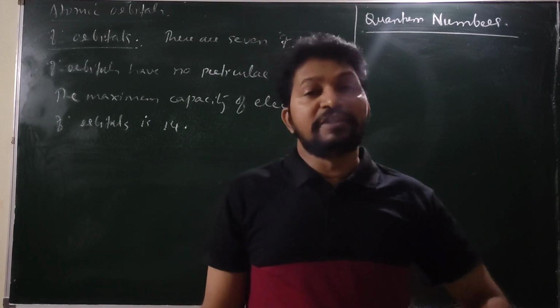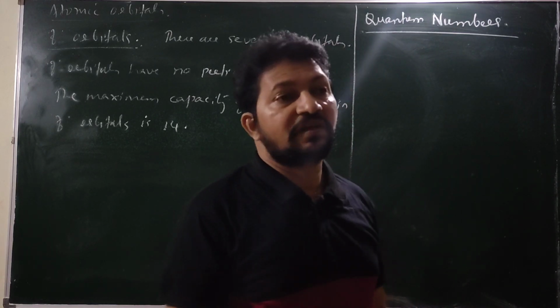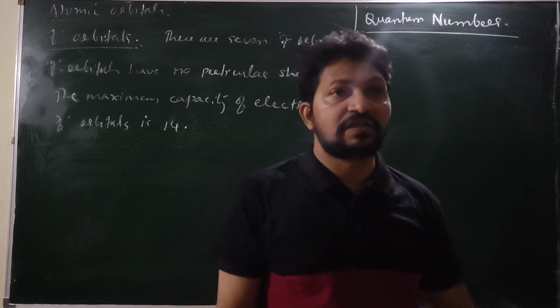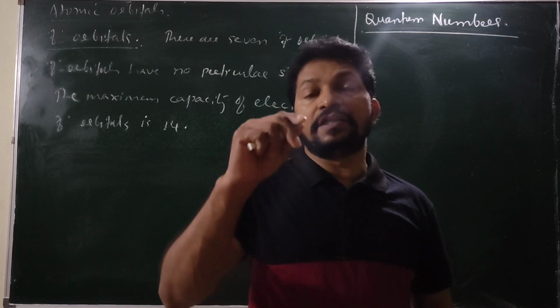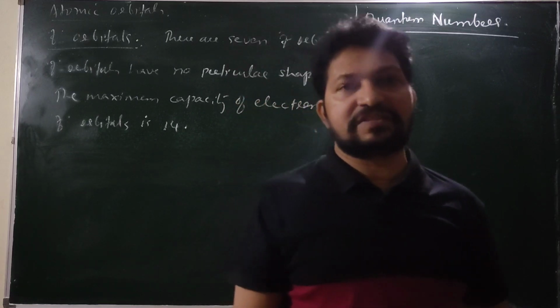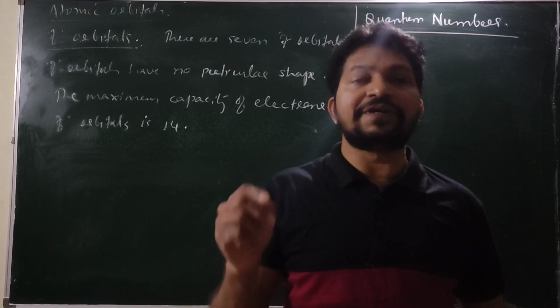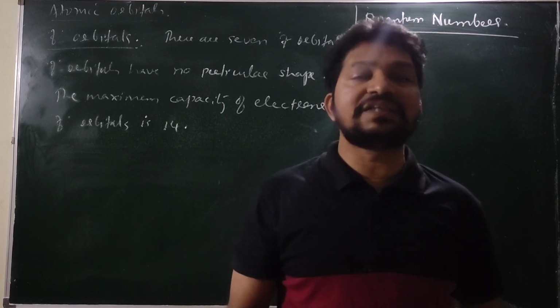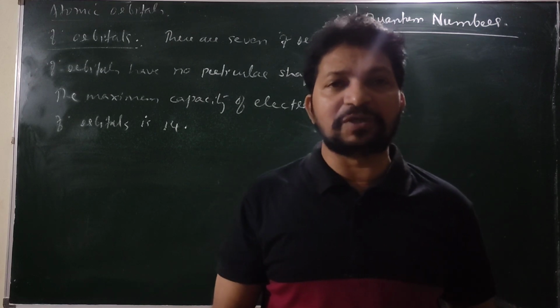But when you consider multi-electron systems, with more than one electron, how to find the location of the electrons? Try to understand. How to find the location of the electrons in the orbital. This plays a very important role.